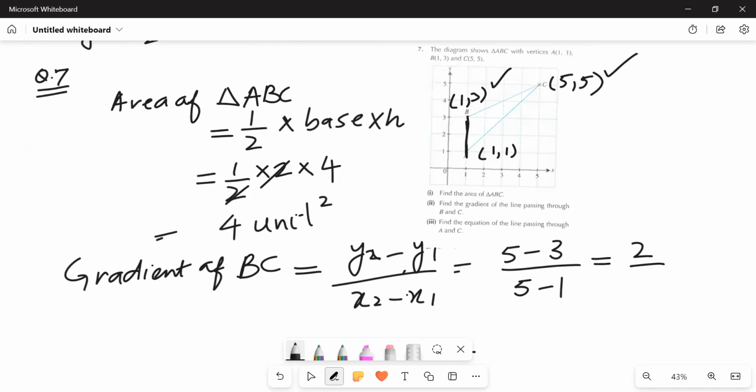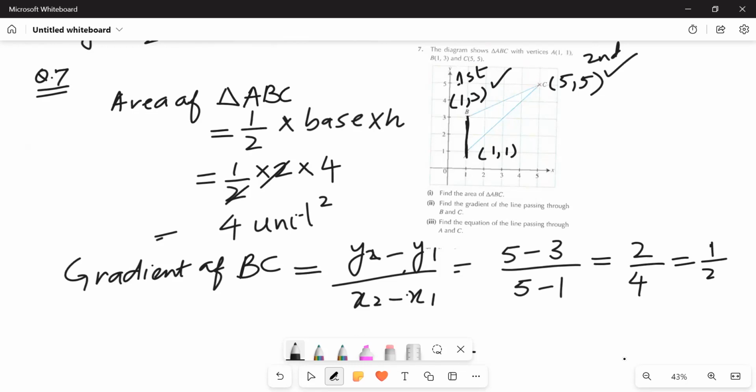So it will be 2 over 4, which is 1 over 2, right? This is the gradient of the line BC.